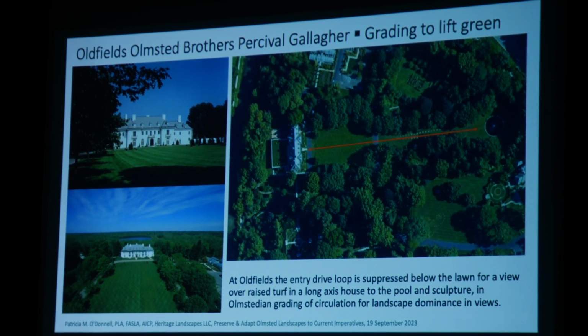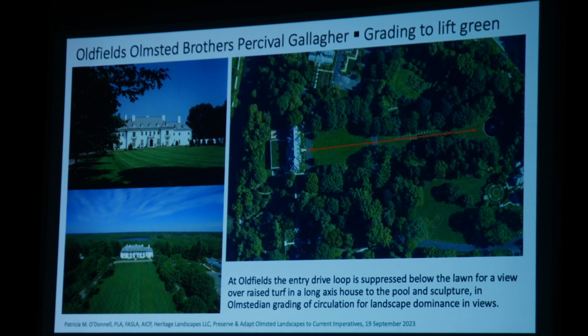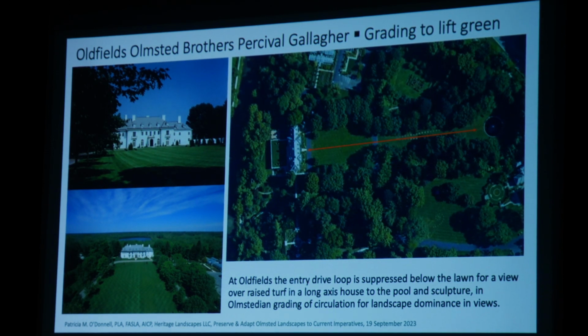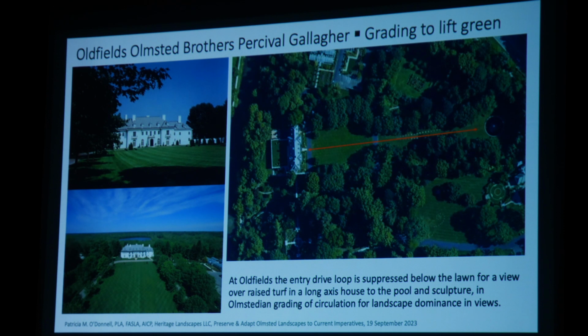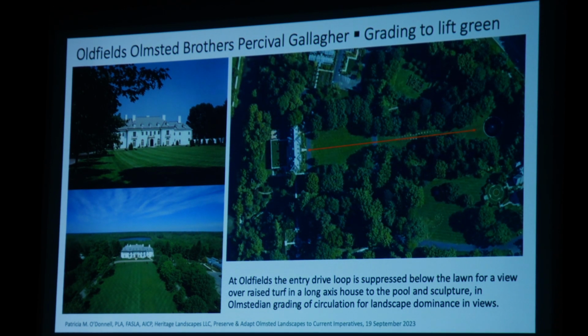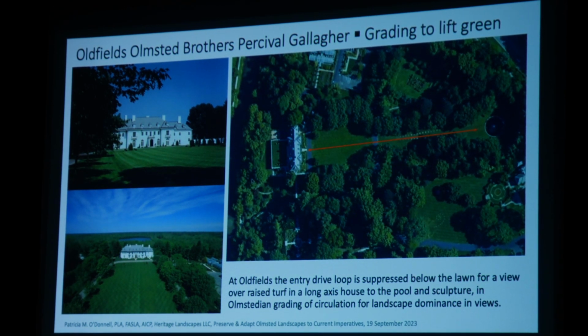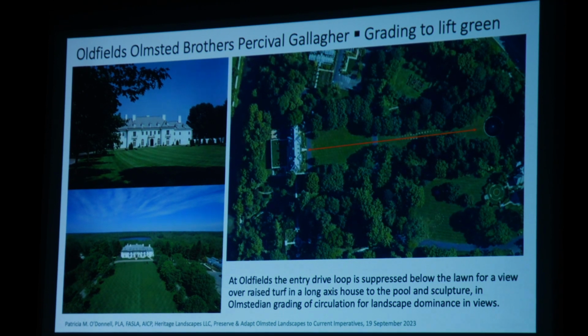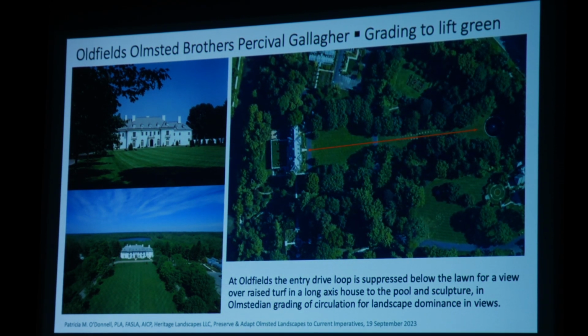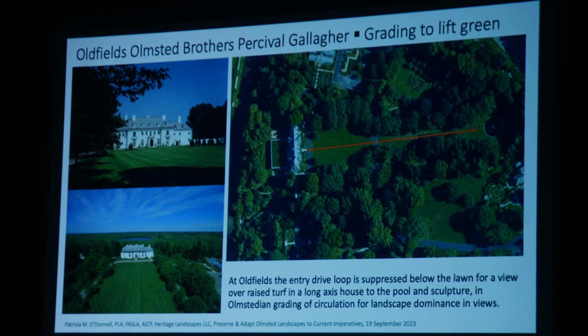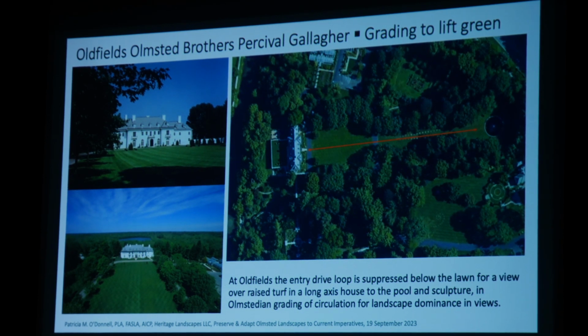This is an important detail, that Olmstedian grading of circulation makes the landscape dominant in views. If you think just for one moment about driving down a highway, you'll recognize that that's completely the opposite of the way the engineers develop highways. The pavement is dominant, not the landscape around. Next.